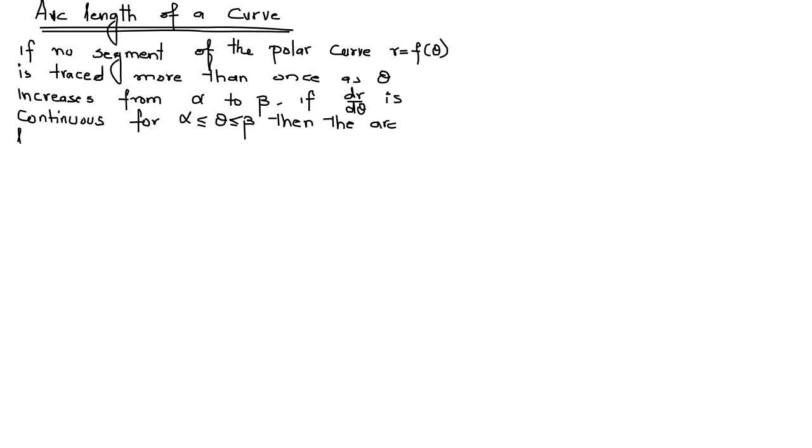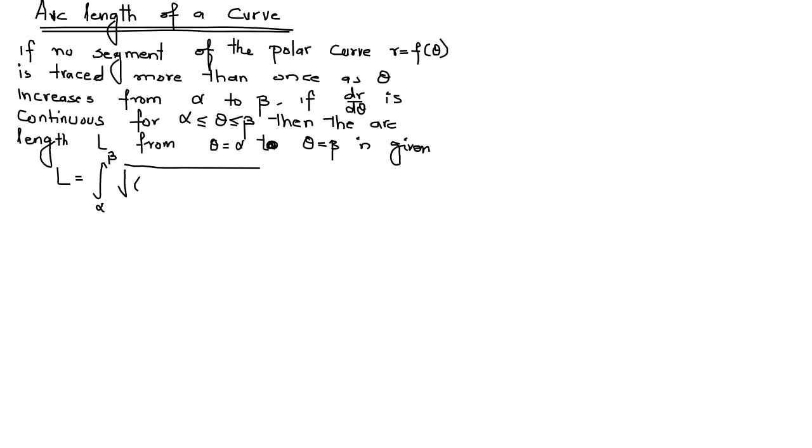arc length L from theta is equal to alpha to theta is equal to beta is given by this formula: L is equal to the integral from alpha to beta of the square root of f of theta whole square plus f dash of theta whole square d theta.